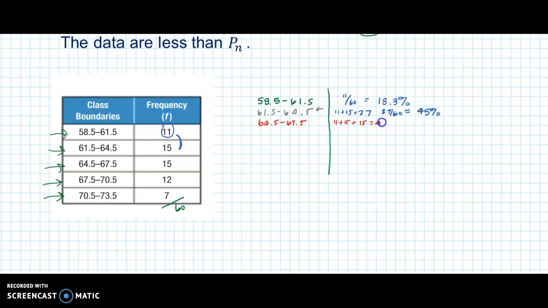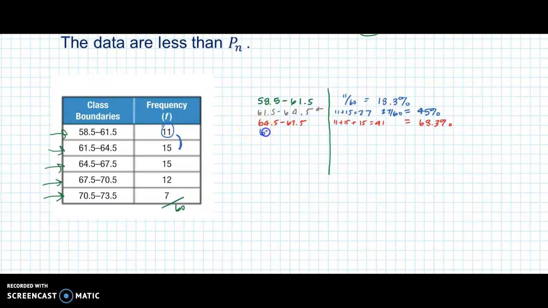So that gives us 41. And then 41 divided by 60 is going to be 68.3%. So a person in this data set is bigger than 68.3% of the people in the study.